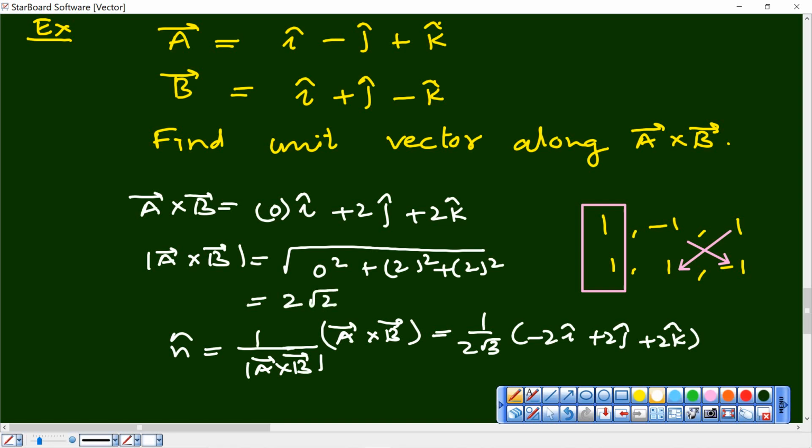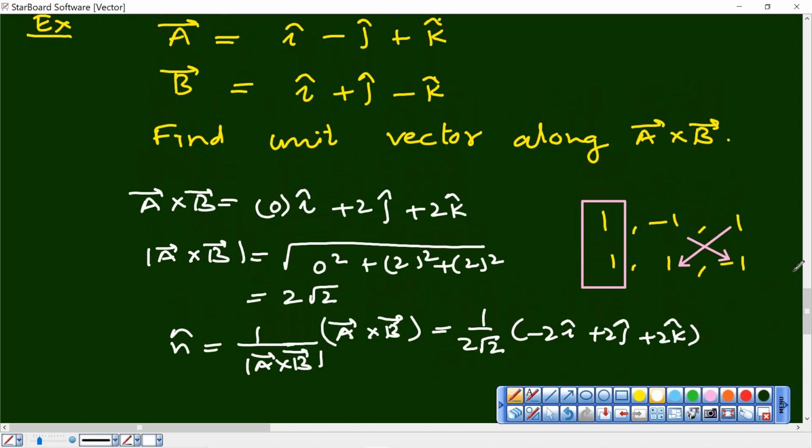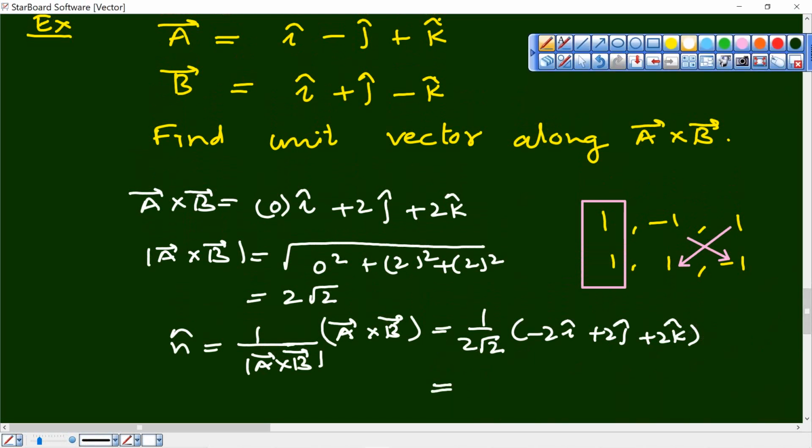Oh, strange. No issues. I don't have to rub much of the things over here, so the final answer for the unit vector along this is minus 1 by root 2 i cap.